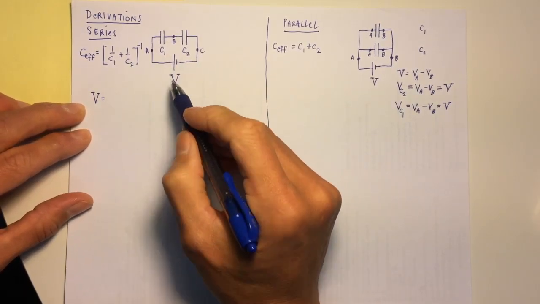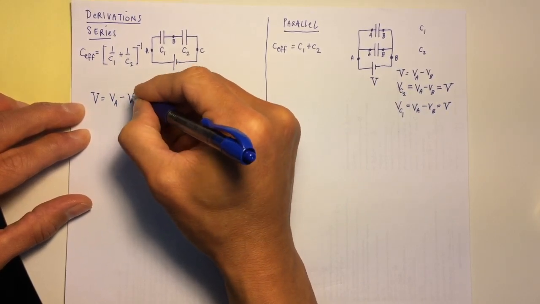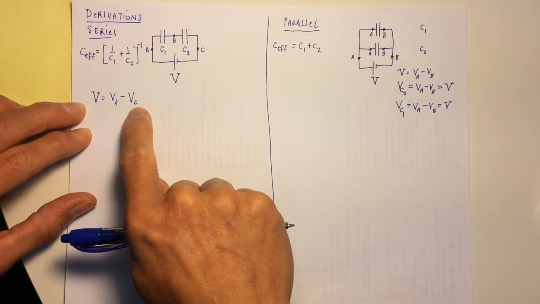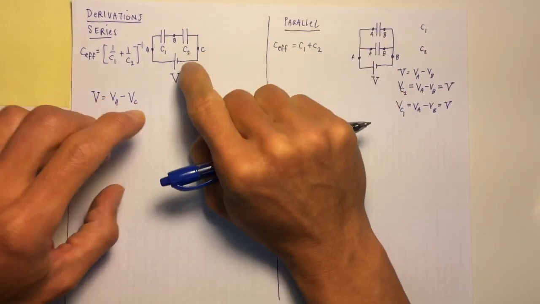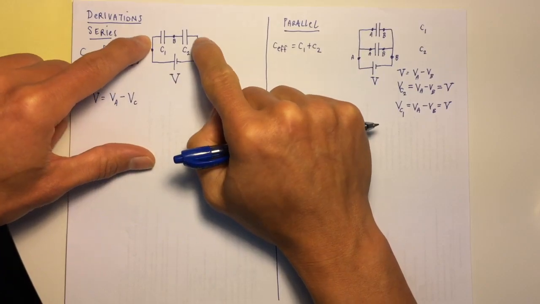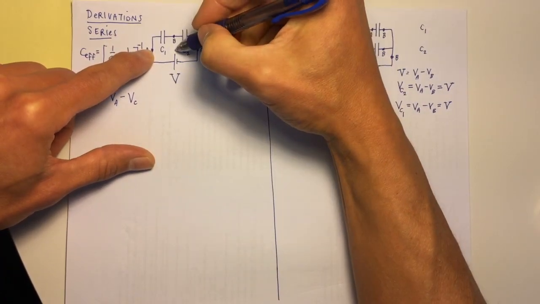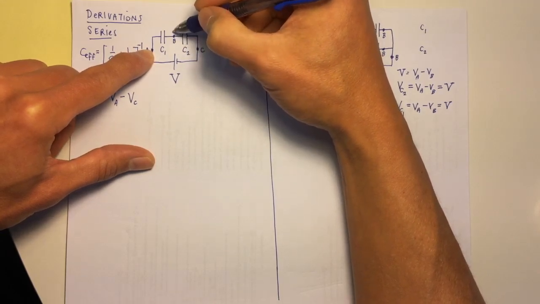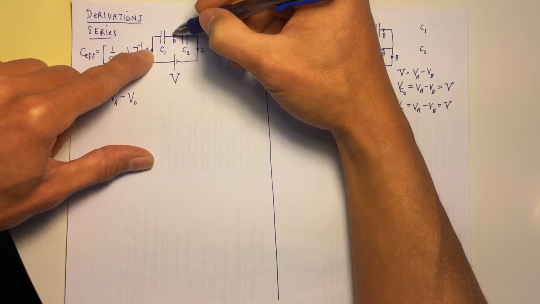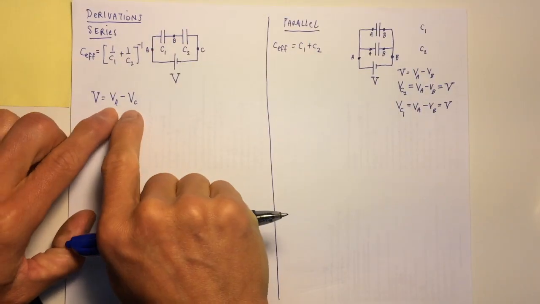So V actually is VA minus VC. Not B, but C, because the battery is connected to the conductor A and the conductor C, but the battery is not connected to the conductor B at all. So B is floating in the middle. It's actually got a middle value of potential. So this is VA minus VC.